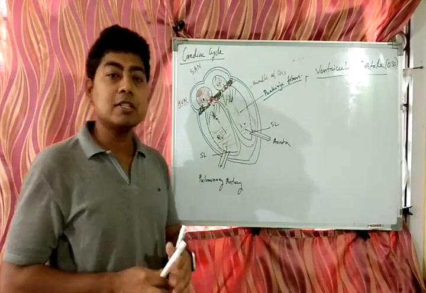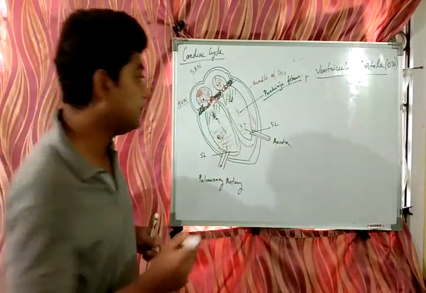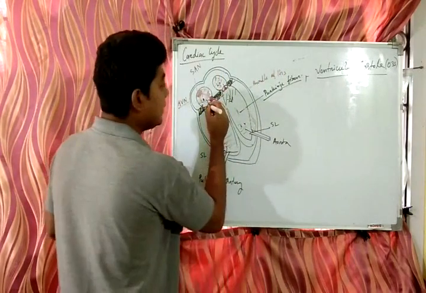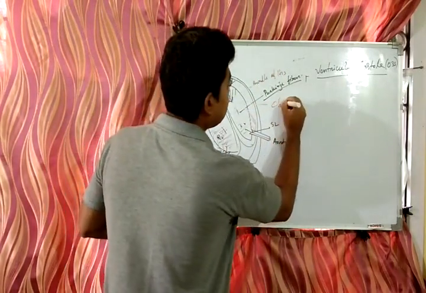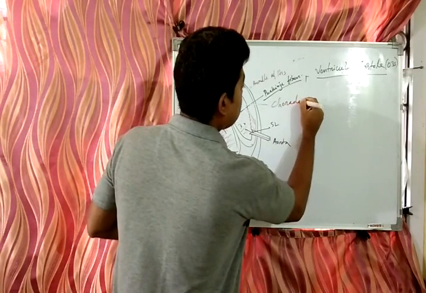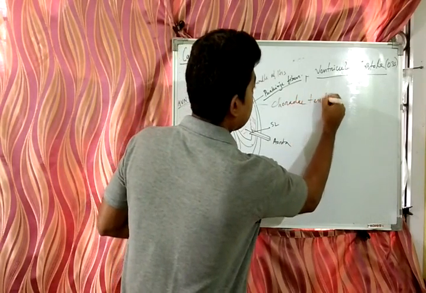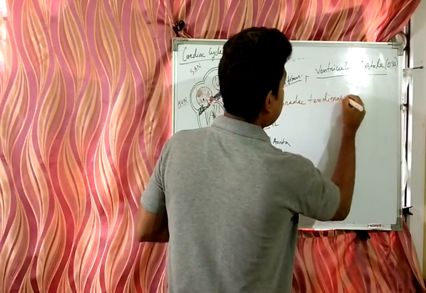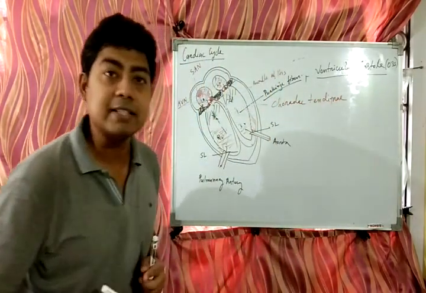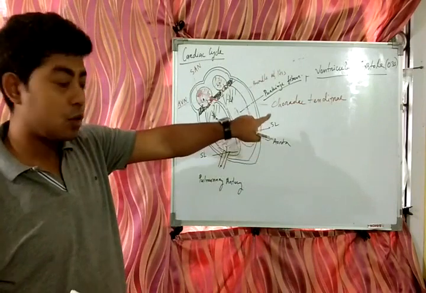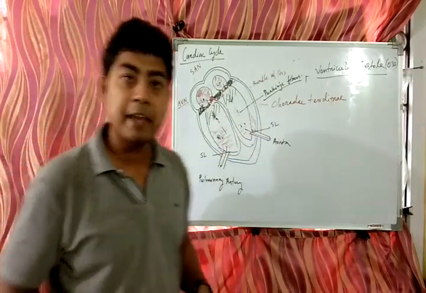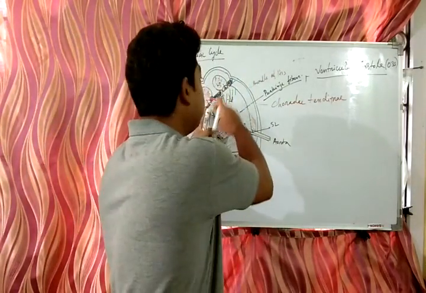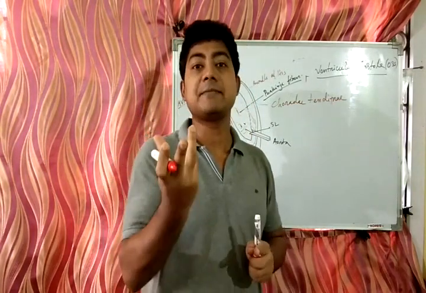Why? Because chorda tendineae are present here. These chorda tendineae anchor the bicuspid and tricuspid valves.